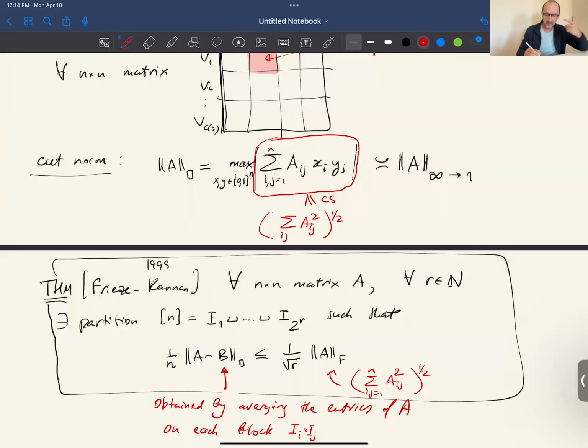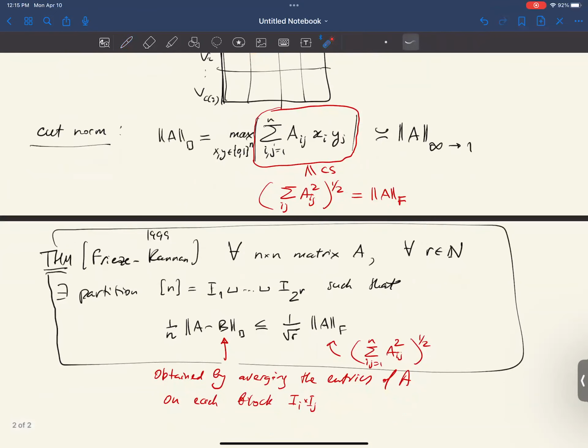The x_i's and y_j's are either 0 or 1, so they're at most 1, so they disappear. So this is the Frobenius norm. So the cut norm is bounded by the Frobenius norm. It's weaker, and we have something for the cut norm. So the question is, can we have a result for the stronger norm of the error, the Frobenius norm, the more natural one?